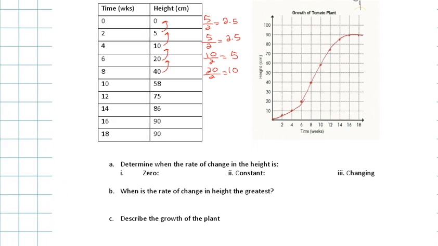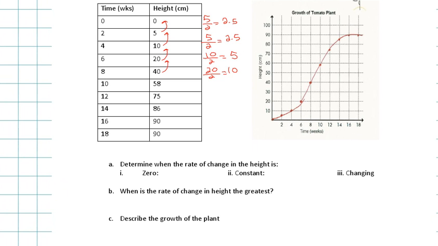I want to show you this. Can you guys look for a second? The first rate of change, 2.5, is this. The second rate of change, 2.5, is this. You see that the way the line is going up is similar, right? Then between week 4 and 6, we see a double.